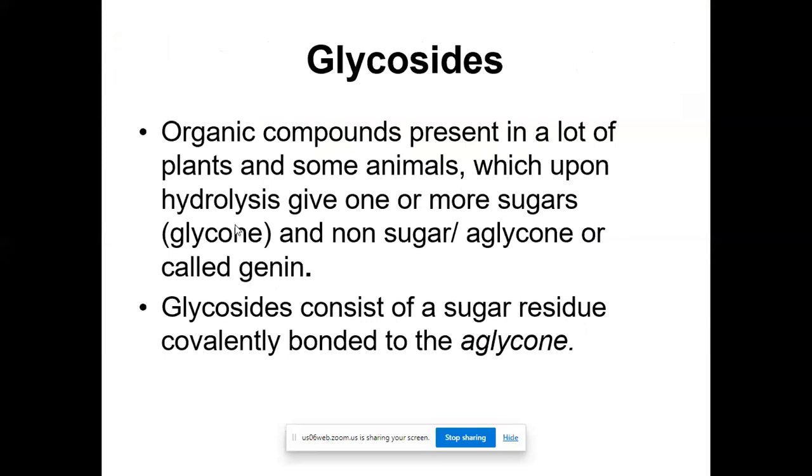So glycosides, they're organic compounds that have like two moieties. We have the glycon and the aglycon. The glycon is the sugar bit of it, and then the aglycon is the non-sugar one, also known as the genin. So glycosides, when they are hydrolyzed, they produce either one or more sugars.